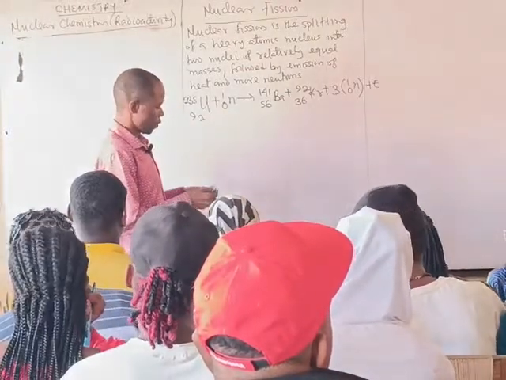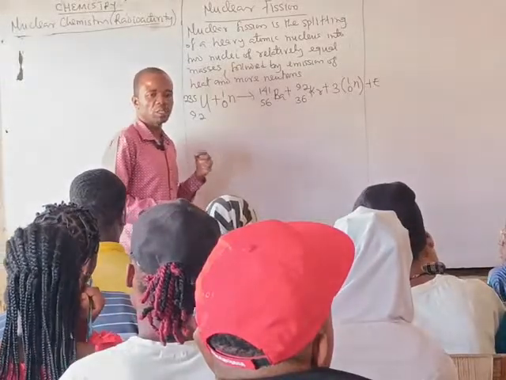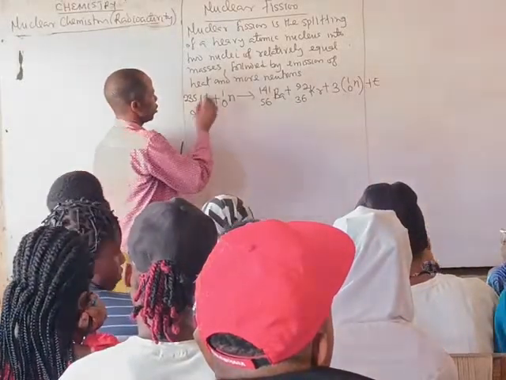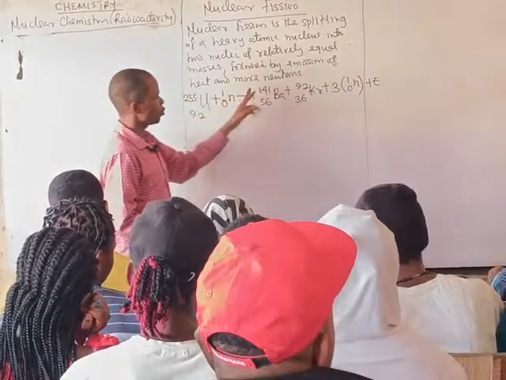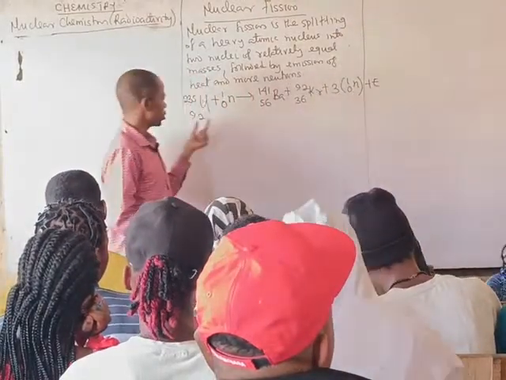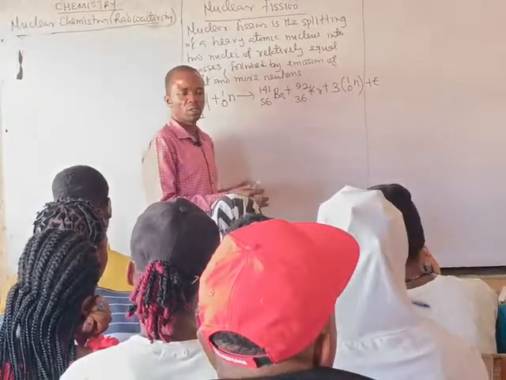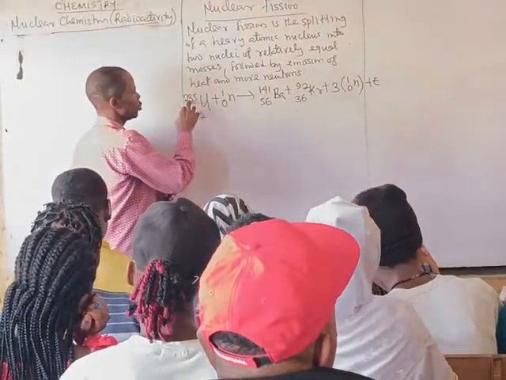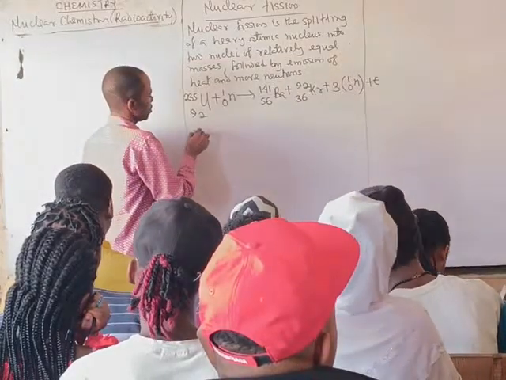And like I've told you before, you have to ensure that your equation is balanced. On the left-hand side, the mass number must be equal to the mass number on the right-hand side. The atomic number on the left-hand side must be equal to the sum of the atomic numbers on the right-hand side. Let's look at this one. 235 plus 1 gives us what? That's 236.